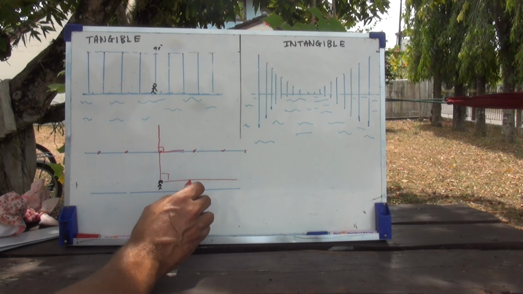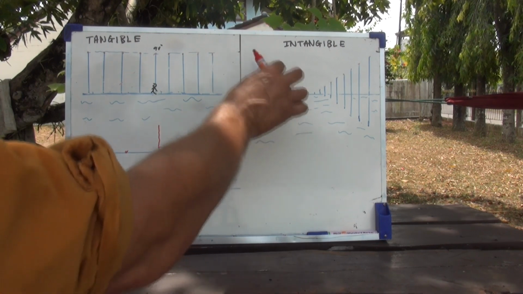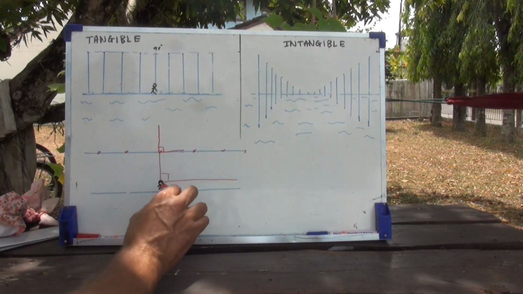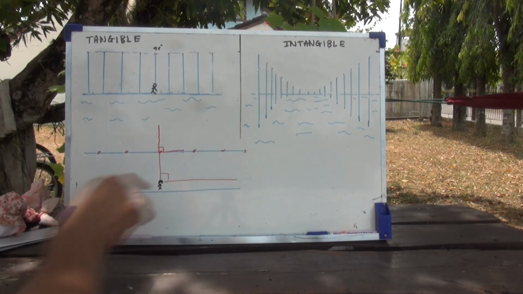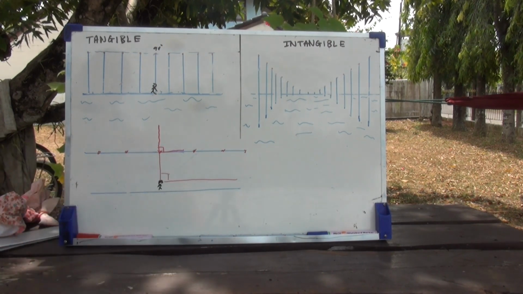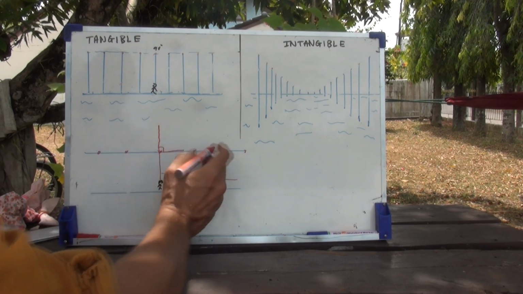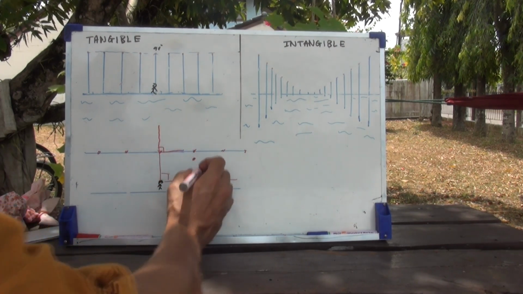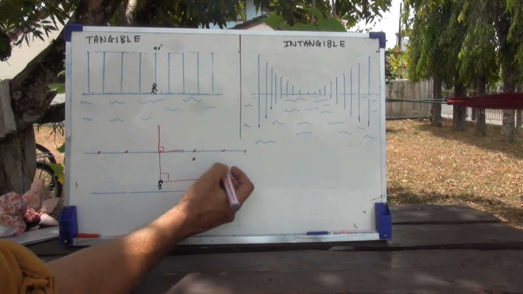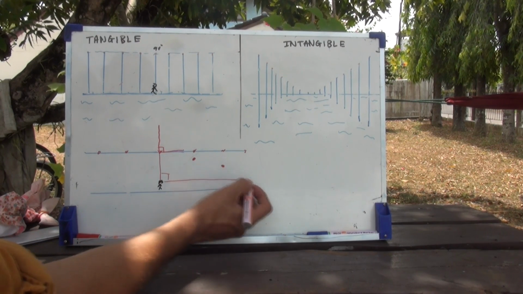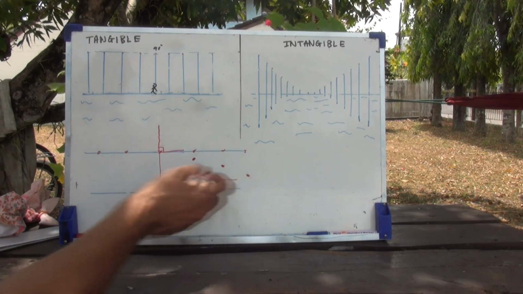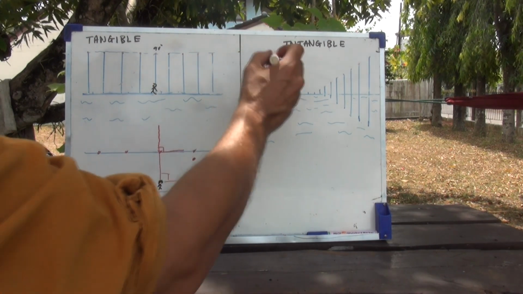Okay, so of course what happens is, as the observer looks this way, in the observer's eyes, this one is going to appear lower, and this one is going to appear lower, and this one is going to appear lower, just as we see here.